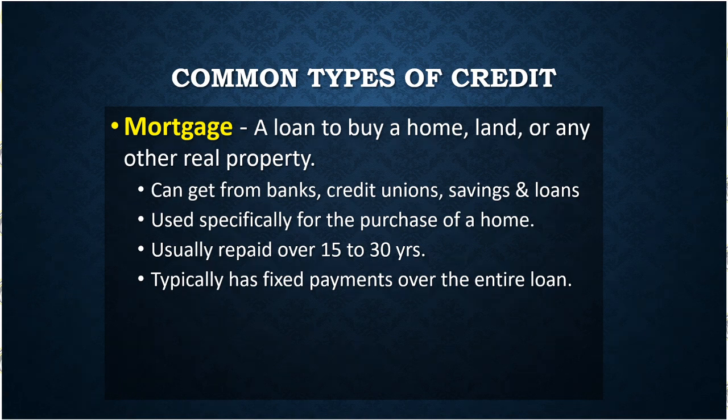Most mortgages have fixed payments over the entire loan, although there is one type of mortgage called an ARM, ARM for adjustable rate mortgage, that does have a bump in it after you pay so long. But most straight mortgages, it'll be at a certain percentage rate, could be 2%, 3%, up to 7, 8%.